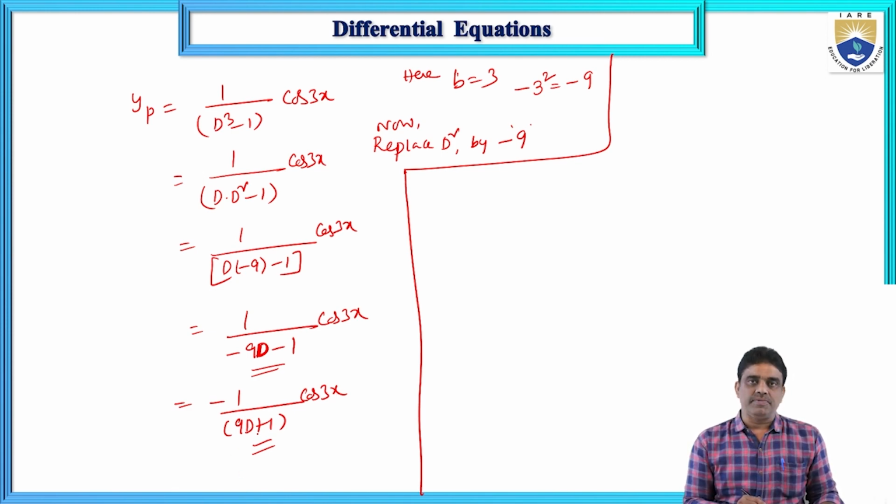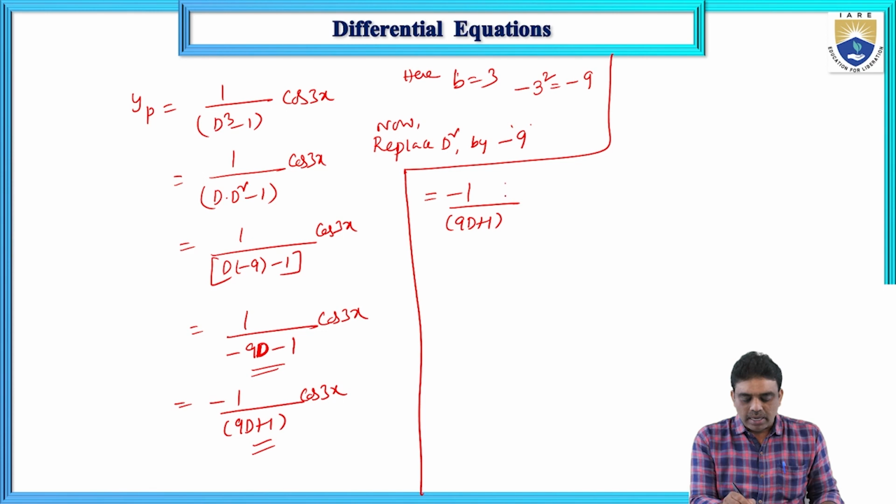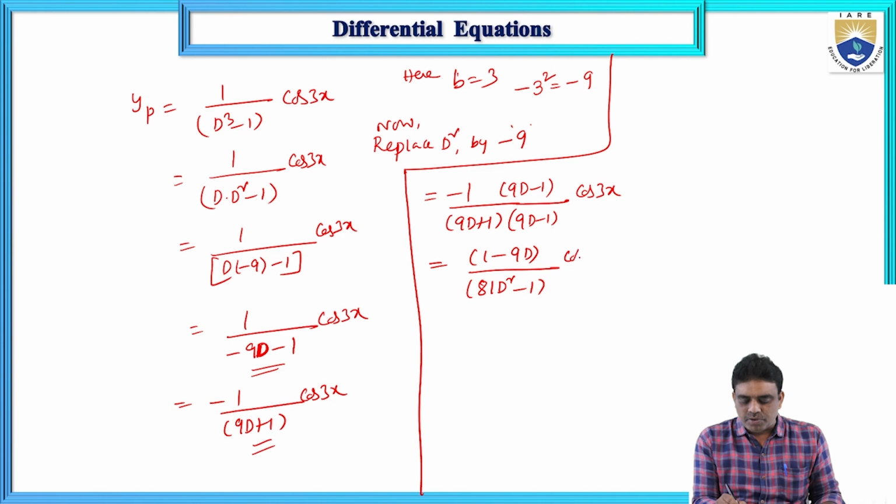So to make this as a function of D square, I multiply and divide with 9D minus 1. I am multiplying 9D minus 1 and dividing with 9D minus 1 the function cos 3x as it is. So I am multiplying minus inside, 1 minus 9D by, this is what, 81D square minus 1 of cos 3x.